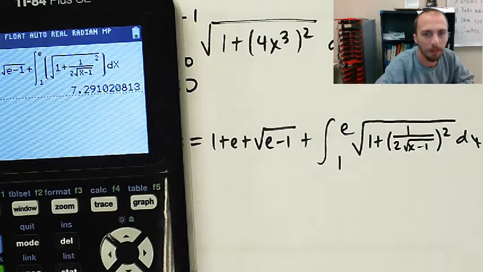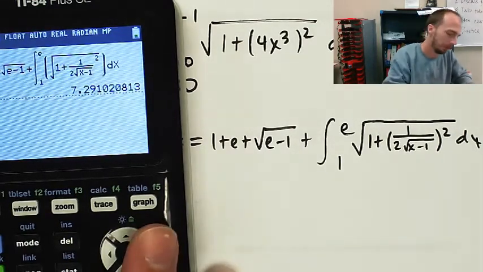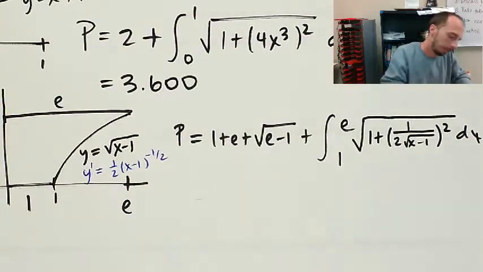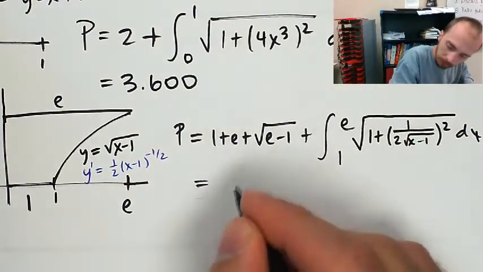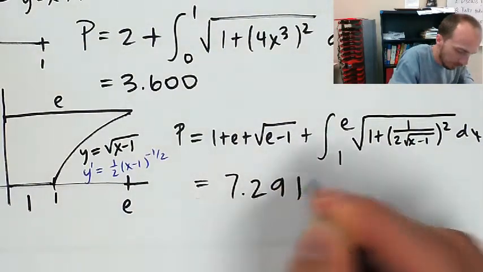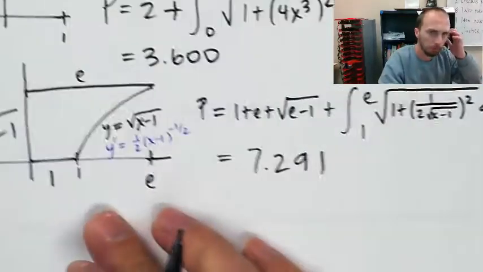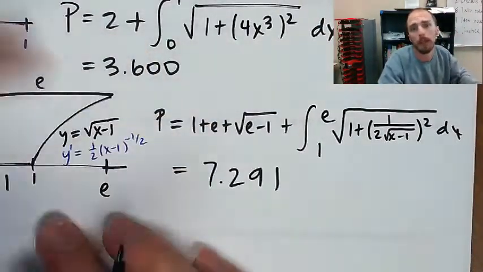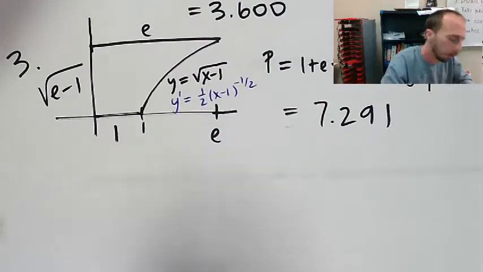I'm looking at the image. I know it's drawn to scale because I graphed it myself. So 1, 2, 3, 4, maybe. I don't know. I'm a little suspicious of this. This would be 7.291. Seems close. Okay, either way, that integral's right. I'm just not sure if that integral actually exists.